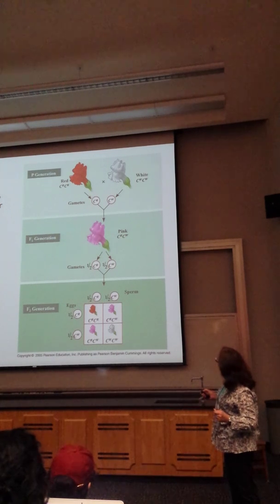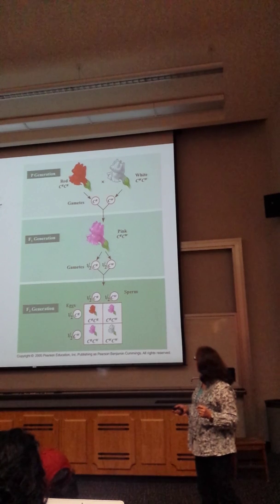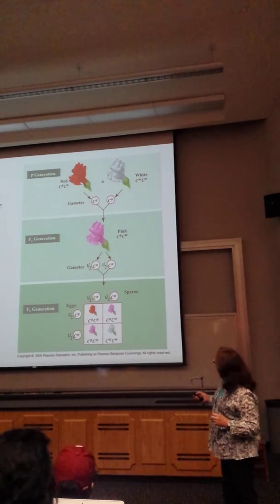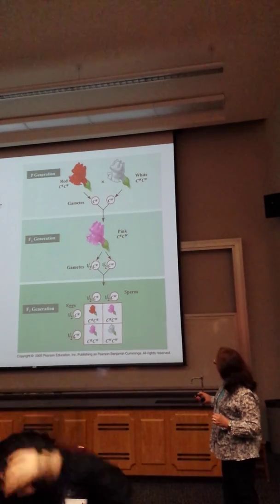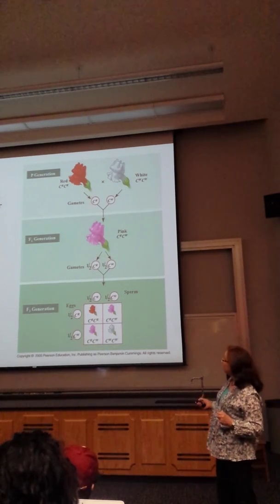Hence it's called incomplete dominance. And this just really refers to the phenotype that reflects the amount of a gene product from an allele.